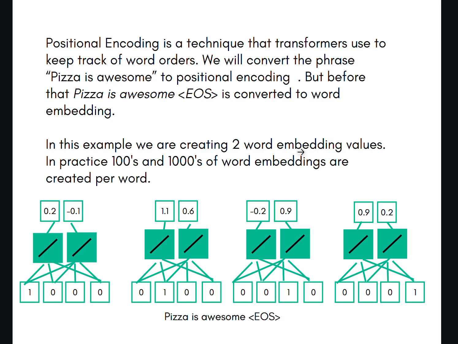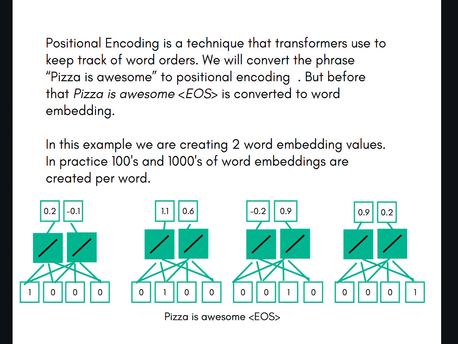So what is positional encoding? Positional encoding is a technique that transformers use to keep track of word order. We'll convert the phrase "pizza is awesome end of sequence" to positional encoding, but before that it is converted to a word embedding. We are creating two word embedding values, so that means each word can be defined with two values, right?